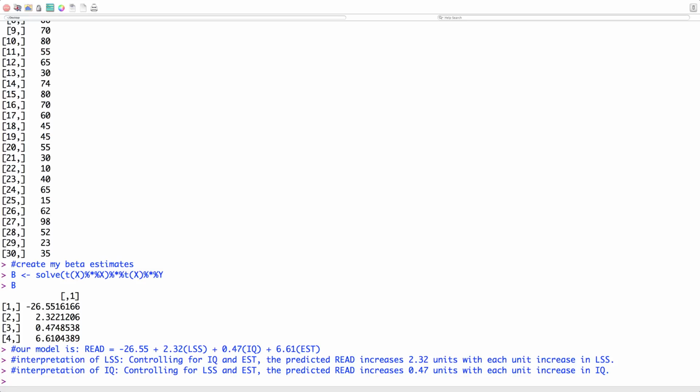Guys, similarly for EST, I'm not going to write it, but it would be controlling for LSS and IQ, the predicted read increases 6.61 units with each unit increase in EST.